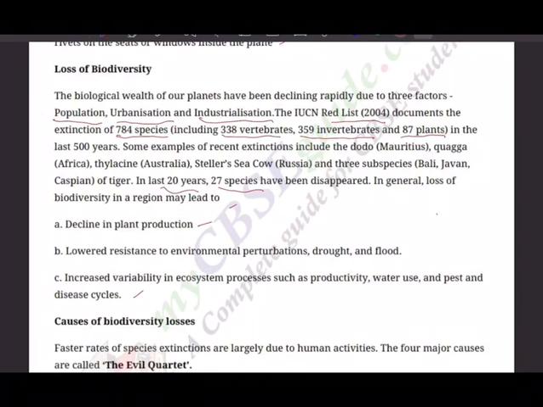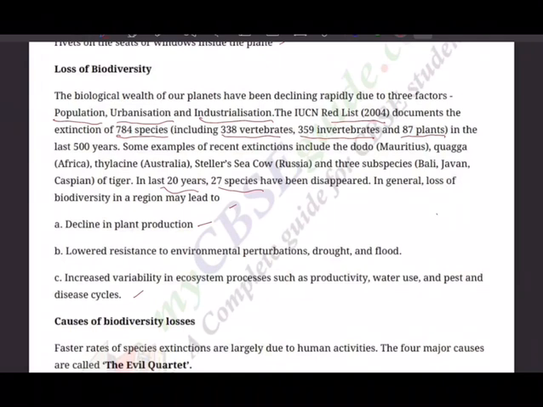And again, we talked about the reasons behind maximum biological diversity in the tropical regions, that is, prolonged evolutionary time, constant environment, high productivity.